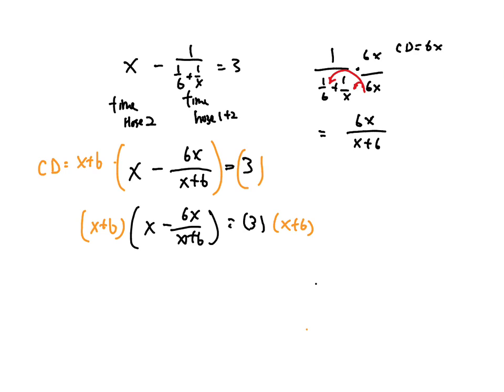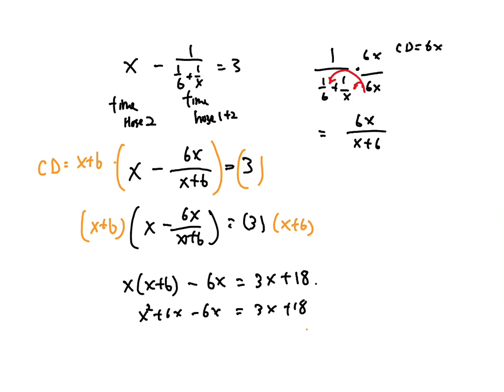So you get x times x plus 6 minus 6x equals 3x plus 18. Okay, so finish the problem. x squared plus 6x minus 6x equal 3x plus 18. This cancels out. So you get x squared equal 3x plus 18.